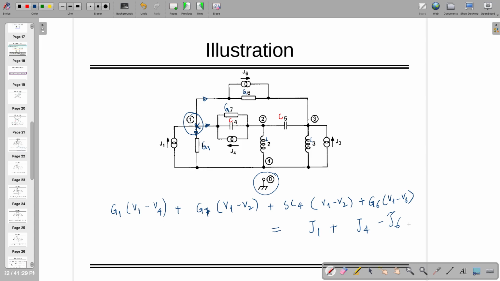Look, we are following only KCL for a given node. For a given node, there are two things: left hand side and right hand side. Right hand side, all the currents. If you don't want to do that, you can do this also. J6 is, yeah, exactly following what you have learned in KCL. I made it the other side just to make it comfortable so that I can convert it to an admittance matrix.